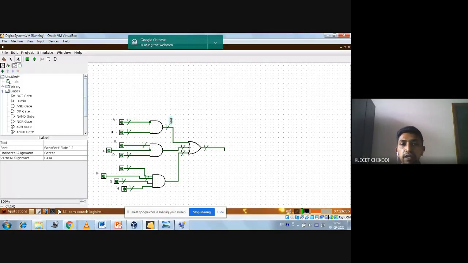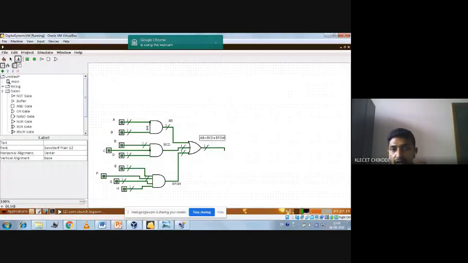It will be A into B, it will be B into C into D, and this will be E into F into G into H. And what is the final output of this OR gate? It will be A into B plus B into C into D plus E into F into G into H. Is that clear?